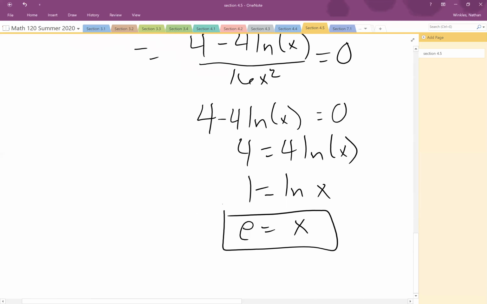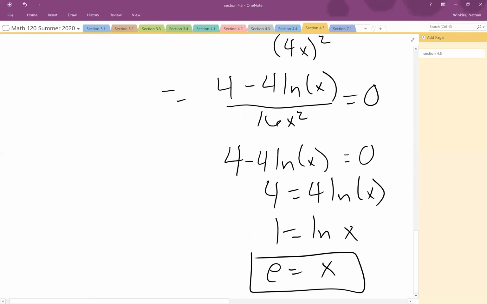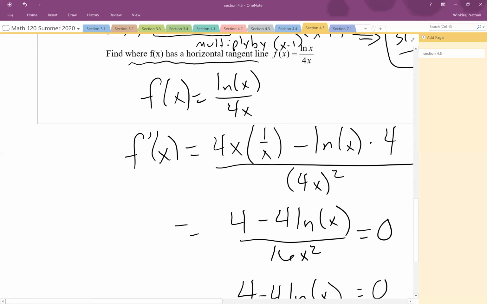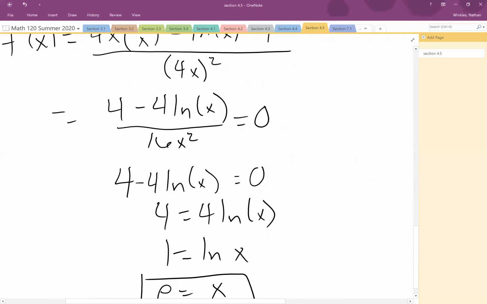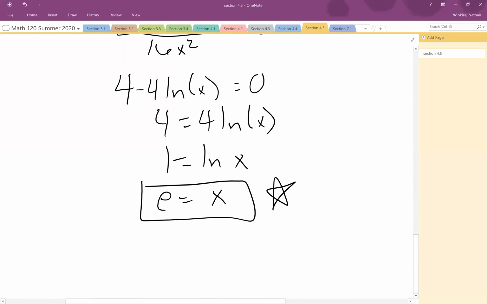We took e to both sides because e and ln are inverse functions and therefore cancel each other out. So that's why we can do that. So therefore, to answer this problem, find where f of x has a horizontal tangent line. It is only at the value of x equals e, or approximately 2.71828.